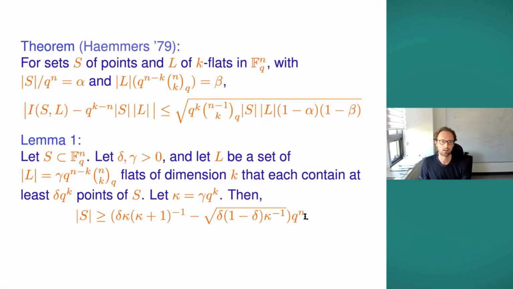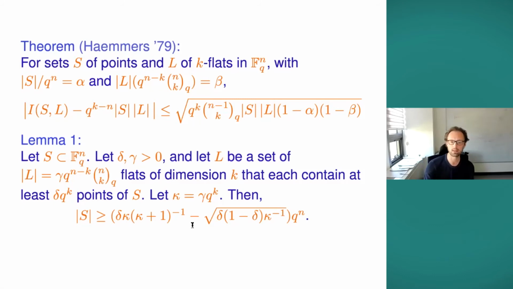So there are q to the n minus k times q-binomial n over k k-flats in total. We're taking a gamma proportion of those. And on each of these, there are q to the k points, and we'll take at least a delta proportion of these. Now the claim is that the overall set S has to have at least some complicated constant times q to the n points. And here, we need to choose gamma so that this kappa, which is gamma times q to the k, is fairly large.